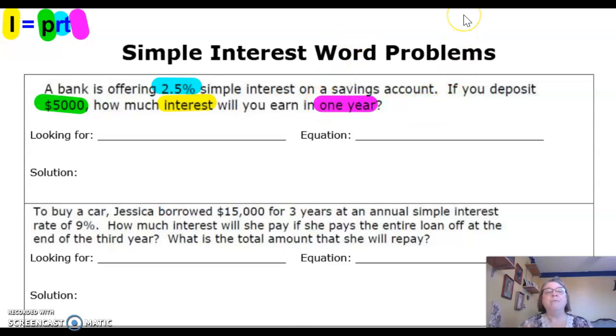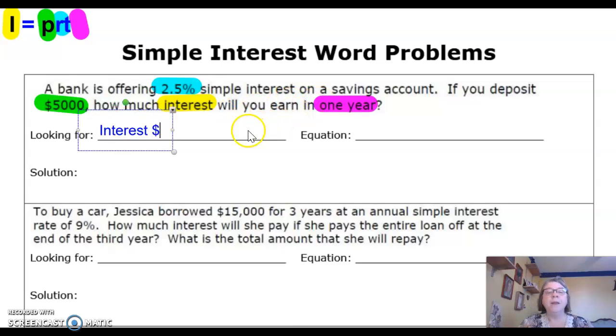All right, so I have my four pieces, and you can look and see that interest is what I'm going to be looking for, because there's not a number there. So I'm looking for interest, which is money.